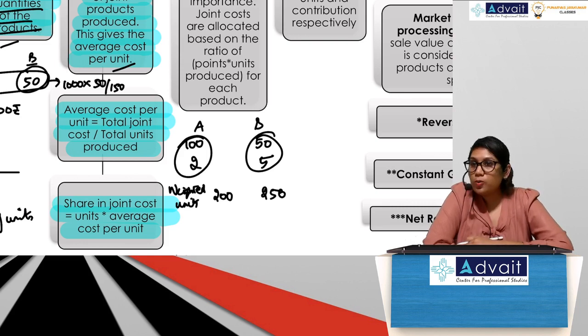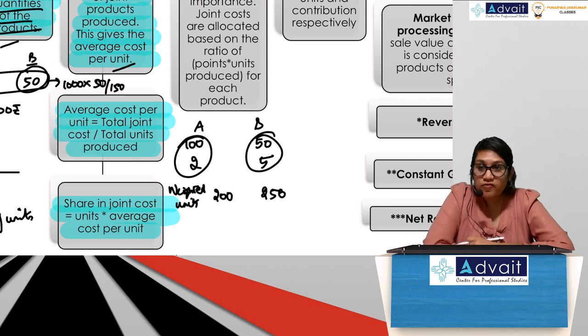If points were not given, between A and B, who was bearing more cost? A was bearing more cost. Now points are given, see who's bearing more cost? B is bearing more cost. Since both the products are different, it is not necessary that both products will have the same quality, right? Quality could be different.